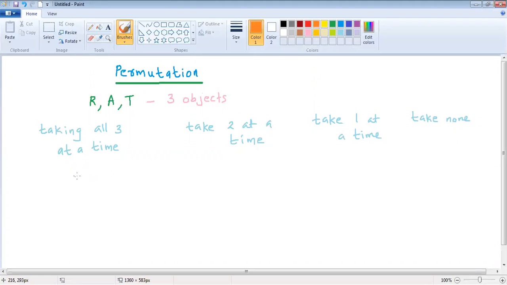If you're taking all the three objects, so R, A and T, we are taking all three.